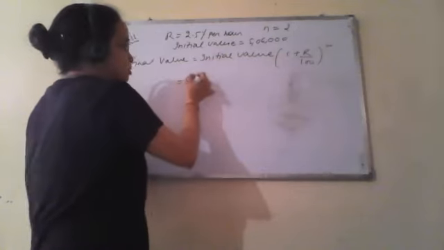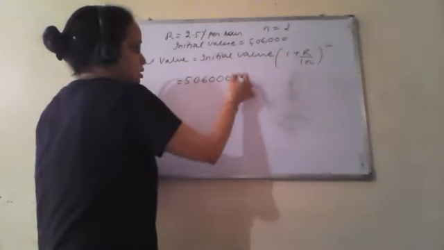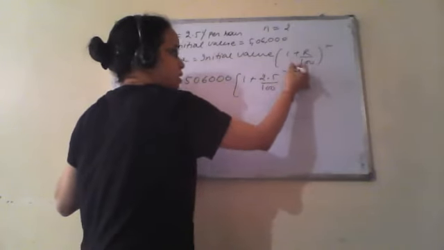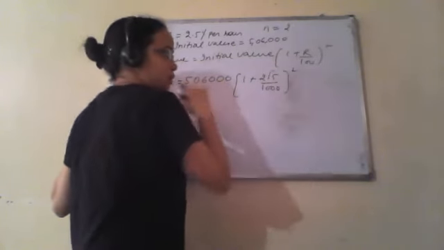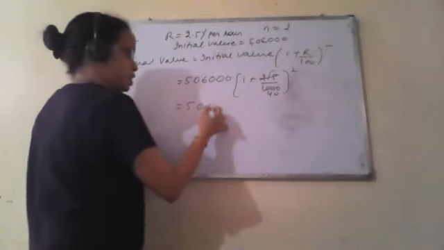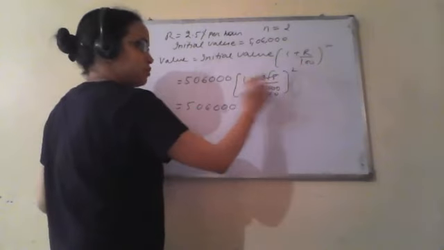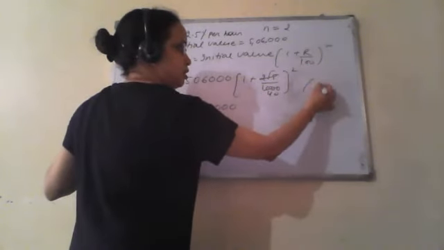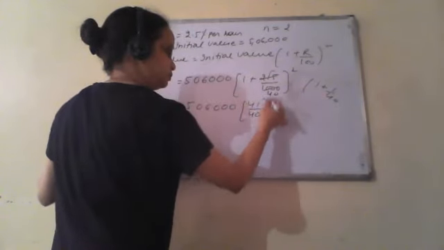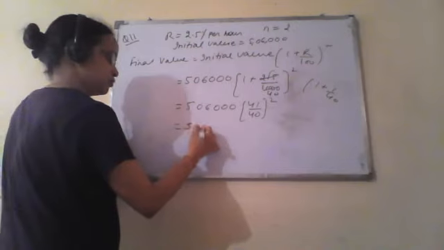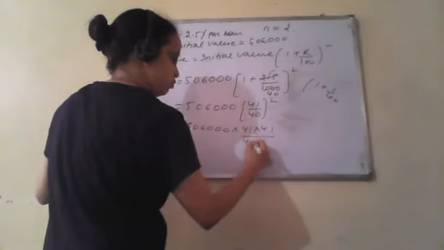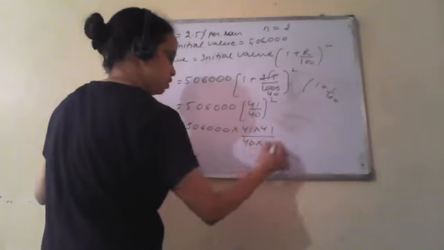This initial value is 5060 into 1 plus 2.5 to the power 2. Now this is 40, this is 506. This is 1 plus 1 upon 40, it is 41. So 41 into 41 upon 40 into 40.